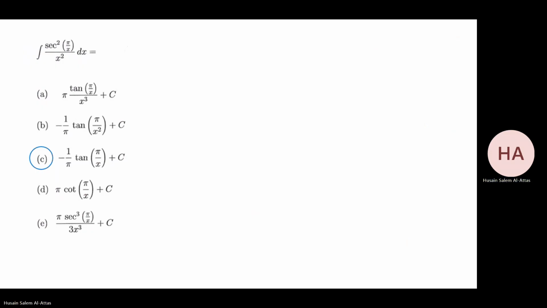This one is not difficult. We did something similar. Let u equal pi over x. Du will be minus pi over x squared dx. So I have minus pi here and minus 1 over pi outside.